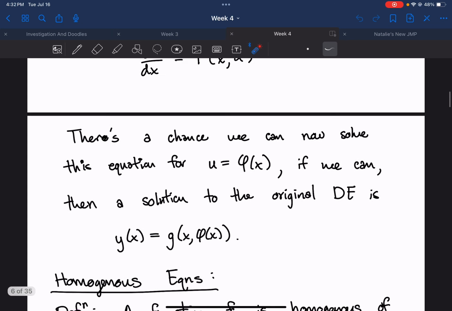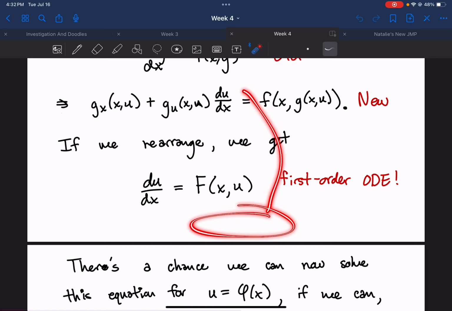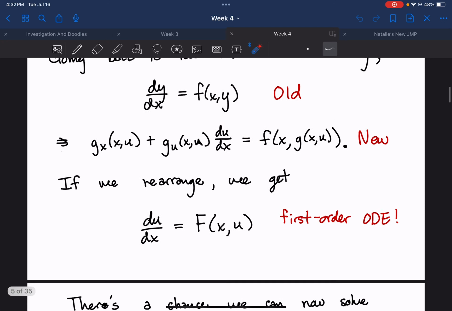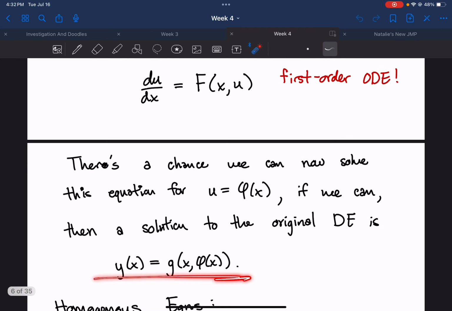So if you can solve this equation for u equal to phi of x, then you can take that solution and plug it in. Oops, I don't have the expression for y. But you can plug it into the y expression to get a solution to the original differential equation. That's kind of the idea.